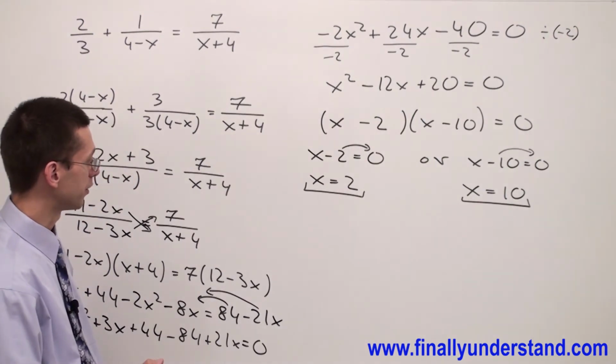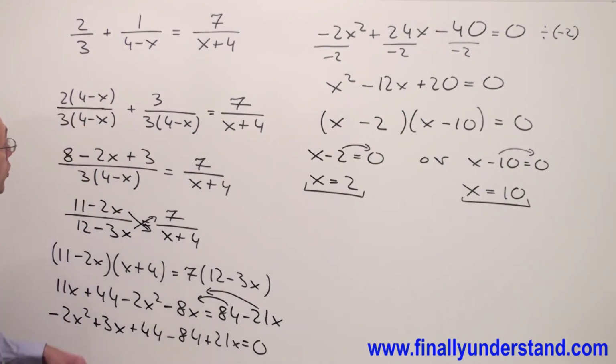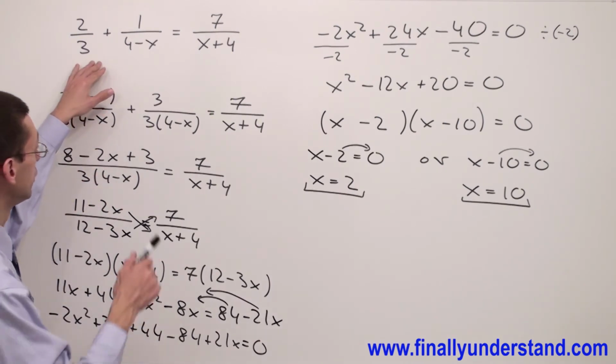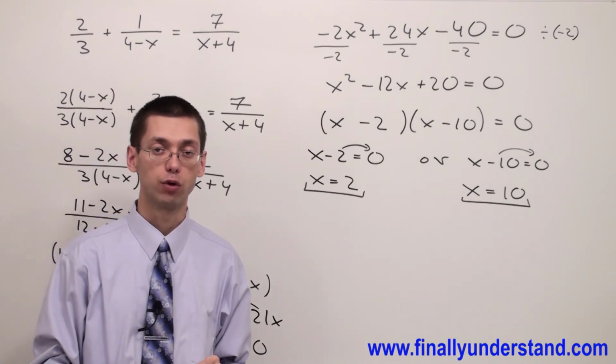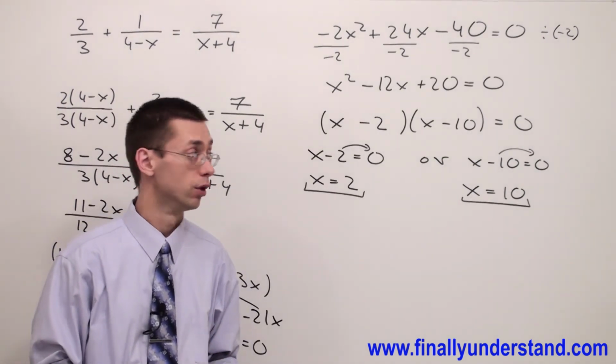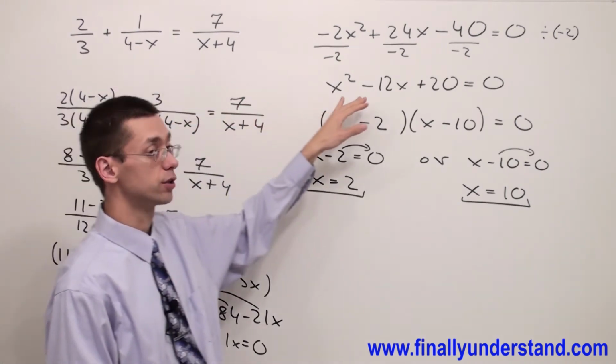In order to verify if these two answers are correct, I'm supposed to plug these two values into the original equation. Again, someone is going to ask why you want to substitute x's in the original equation if we can use this one.